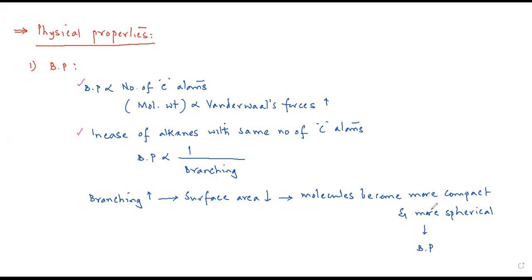Sorry. As and when it becomes more compact, as the surface area decreases, it becomes more compact and more spherical. They'll be away from each other. As a result, boiling point decreases. So as the branching increases, boiling point decreases because surface area decreases.